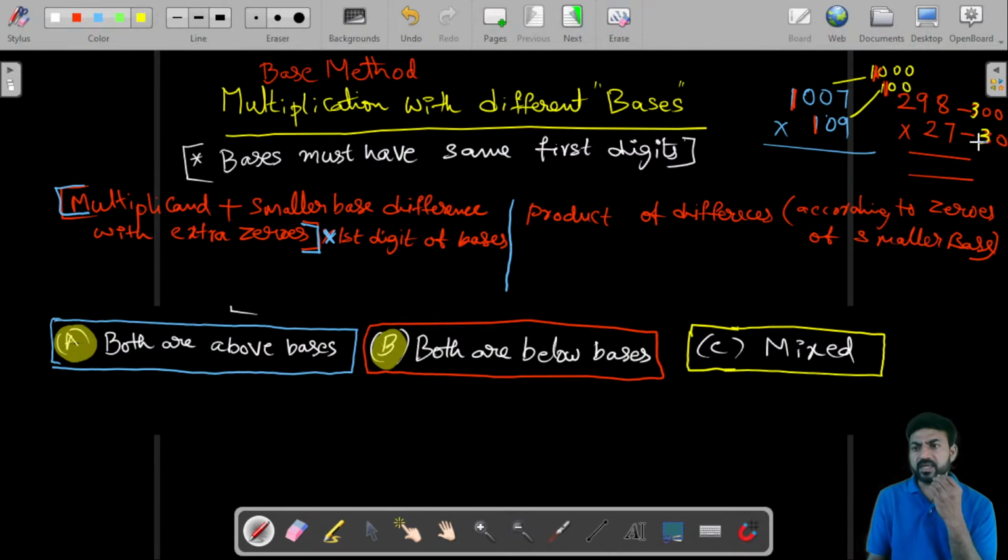This is the only condition. You know how to take a base for a number. If you have different first digits in the bases, this method will not be applicable. Is that clear, everyone? Let's do one problem, and you will understand.